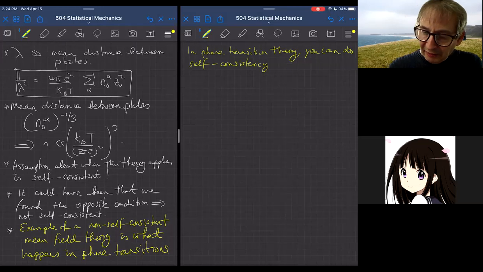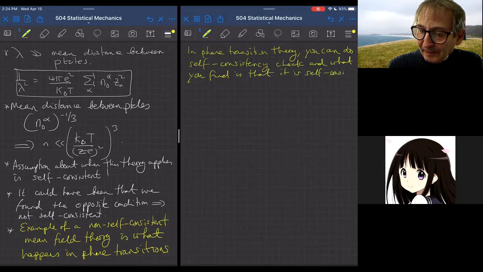You can do this self-consistency check, and what you find is that it is self-consistent, but only for spatial dimension d greater than 4.